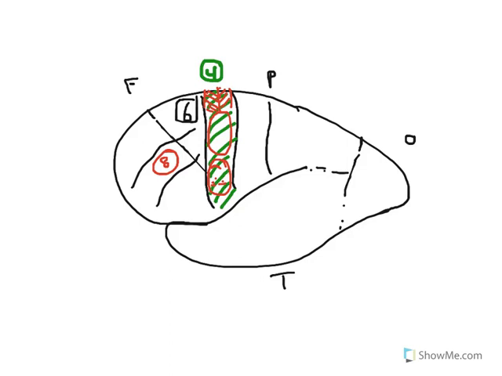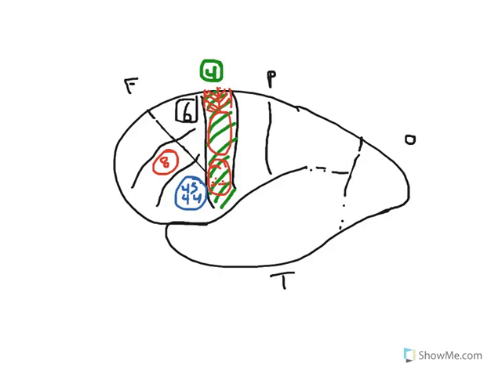Okay, so in the inferior frontal gyrus we have another area which is very important. This is called area 44 and 45. This area is called Broca's area of speech.